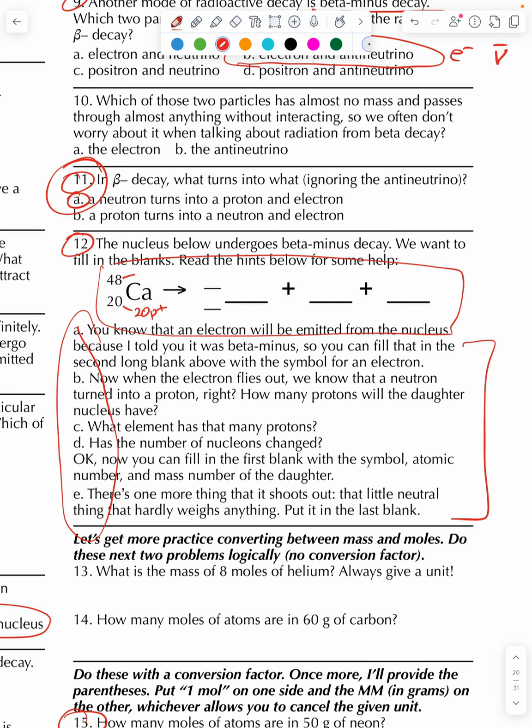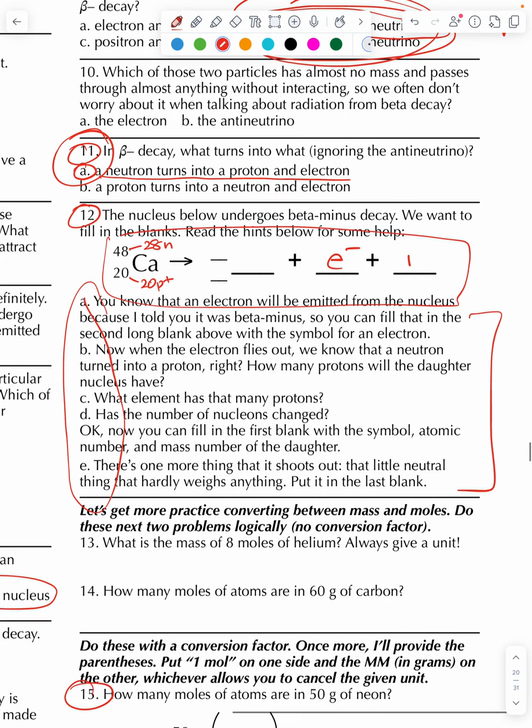So in beta minus decay, a neutron turns into a proton, and we won't worry about the electron. Well, in fact, we'll write the electron here. So beta minus, we know one of the products is an electron, which we just set up here, and the other is the antineutrino. But to get the blanks there, remember that this has 20 protons, but in beta minus, one of the neutrons turns into a proton.